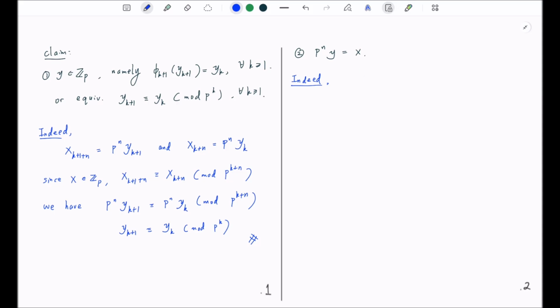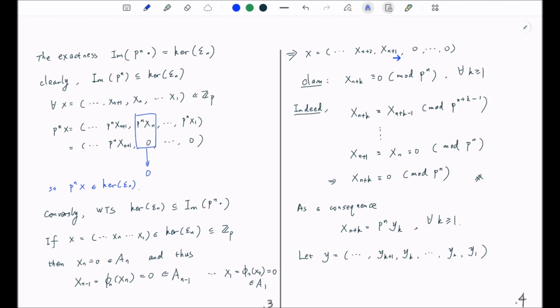Remember, x takes the form where the first n components are all zeros, because it is in the kernel of the projection onto the nth component map. So the first n components are all equal to 0, as we discussed from here.